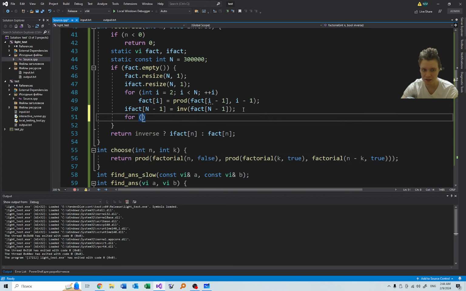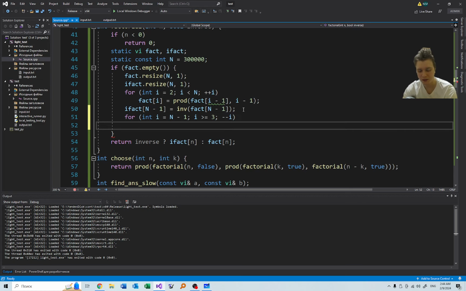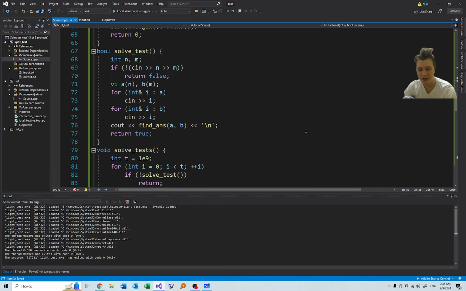And after that I need to fill that fact of i minus 1 is product of i and fact i mod m. Well, I have found the factorials.